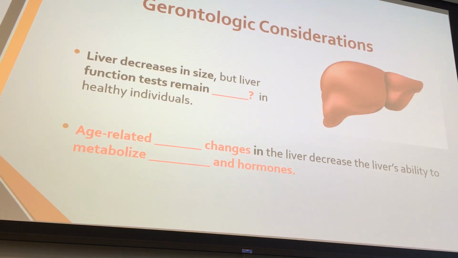So basically, as we age, enzymes change, okay? They change in the liver, which decreases the liver's ability to metabolize what? Drugs. That is really, really important, because what are we doing as nurses? We're giving them drugs, right? I mean, I like to say medications because that sounds healthier, but we're giving them drugs, right?